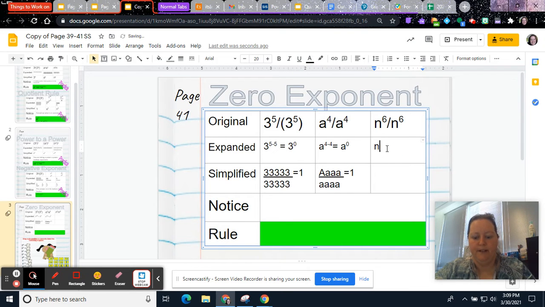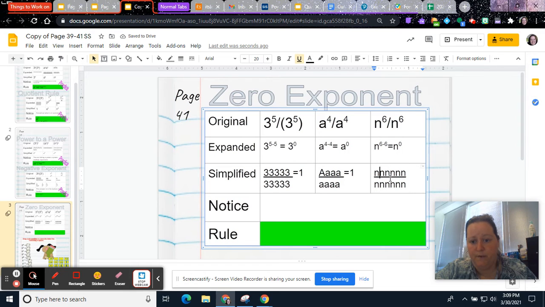Let's do it one more time. Here we'd have n to the 6 minus 6. That's going to equal n to the 0 power. Again, I'm hitting Control plus if you're wondering how I'm typing exponents so quickly. What that looks like here is I have 6 n's. If I divide them by 6 n's, they are all canceled.